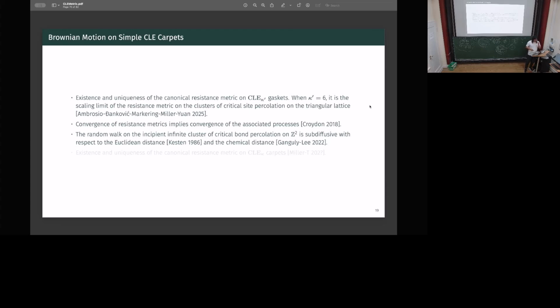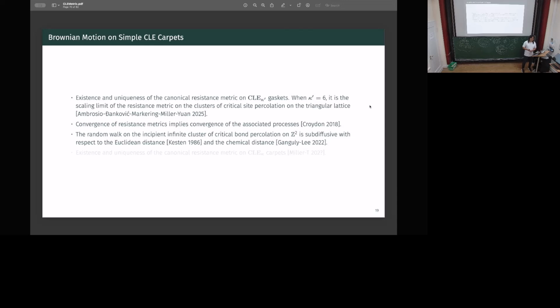And there was another work by Kirsten, and also this paper says that this Brownian motion, when kappa prime is 6, is a subdiffusion. So it should be a subdiffusion for all kappa prime, but I guess we do not know.